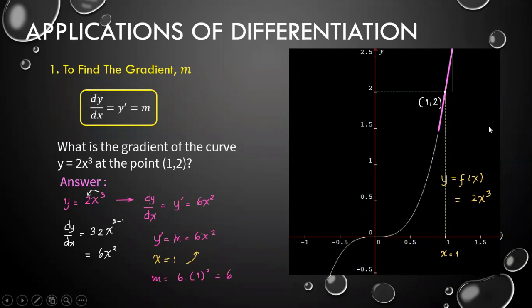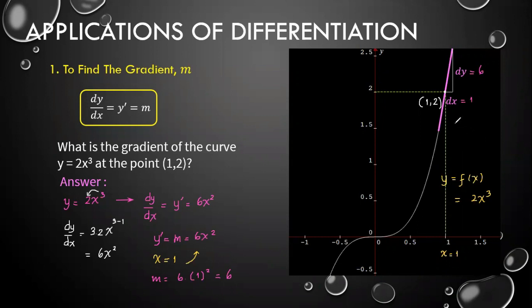That's very easy. As I mentioned before, the gradient is delta y over delta x, or dy over dx. At this point, dy is 6 steps and dx is 1 step, right?